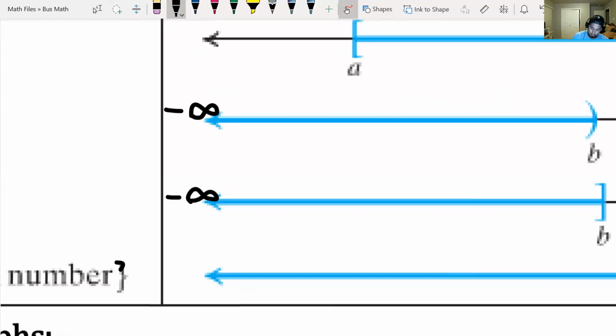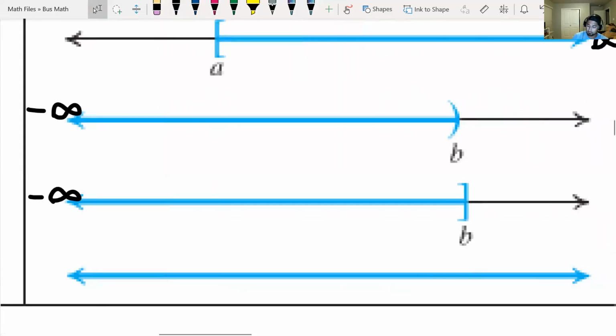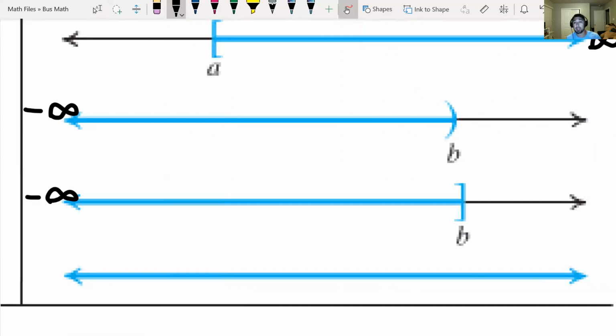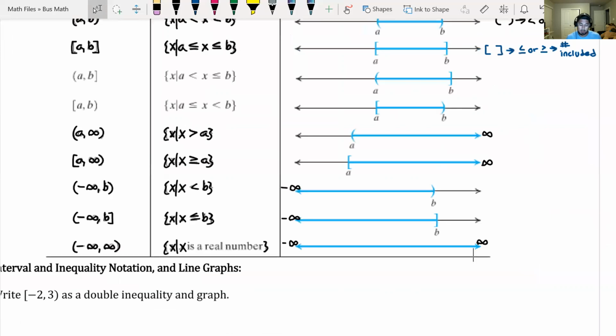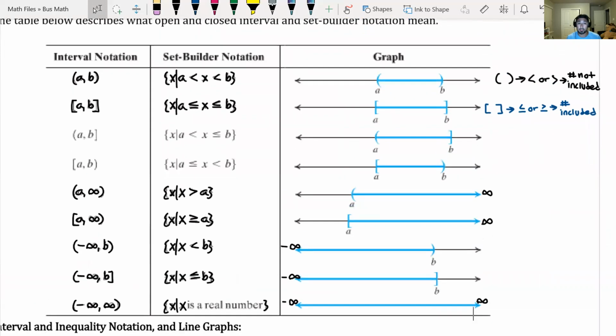Now, looking at the number line, we have negative infinity to infinity, meaning we get to use whatever numbers we want on that number line. And that is how interval notation works.